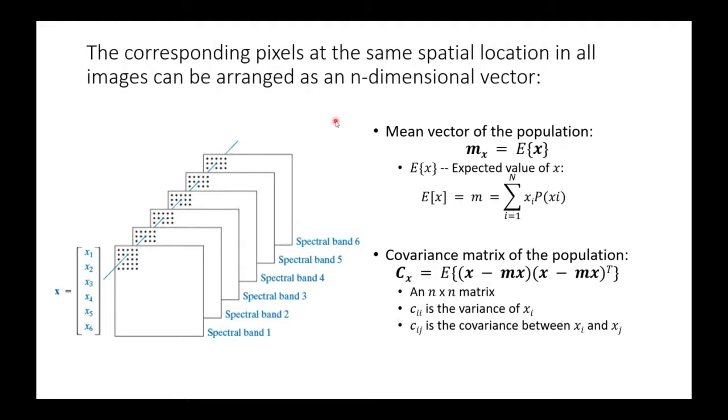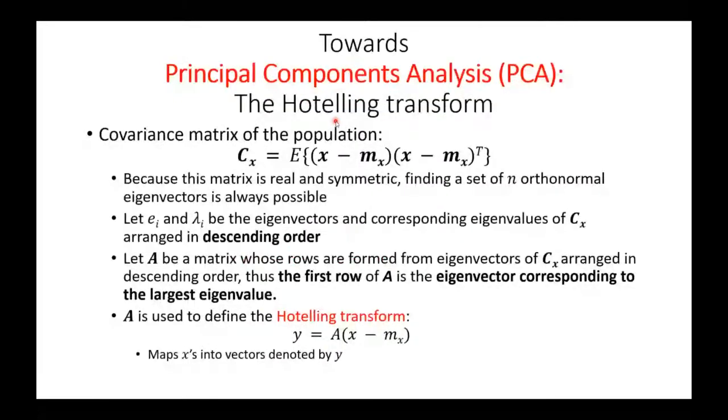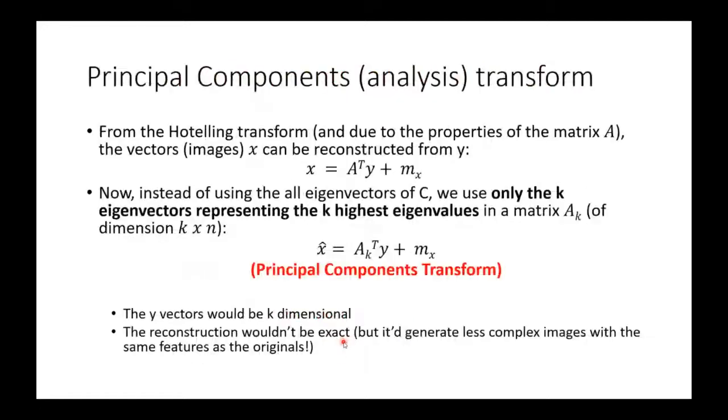We're going to do that for every pixel, for every x. And we get y, by subtracting the mean value of the population from x and multiplying by this eigenvector matrix. Then, due to the properties of this matrix A, these vectors x can be reconstructed from y by just doing this simple algebra.